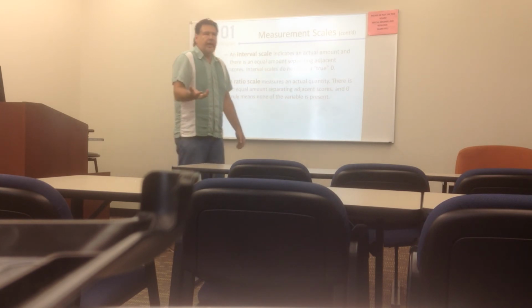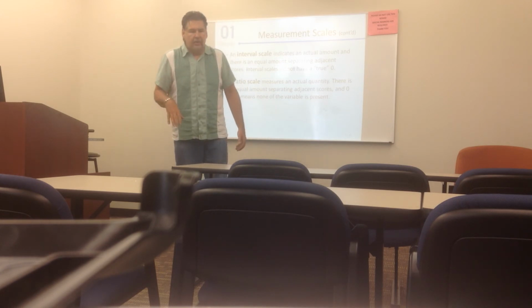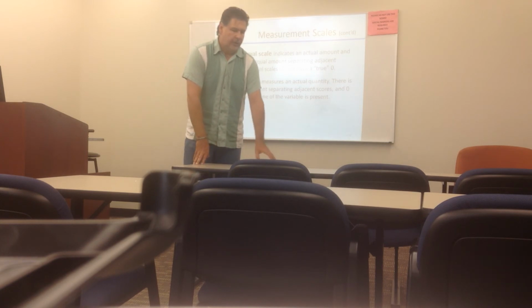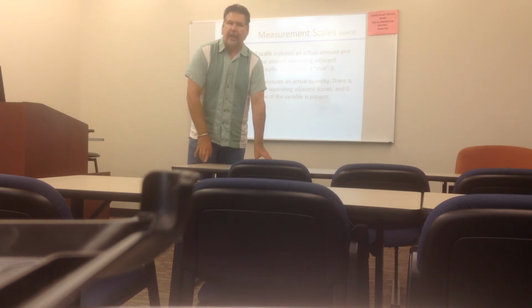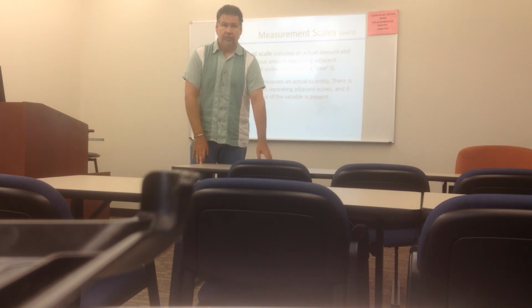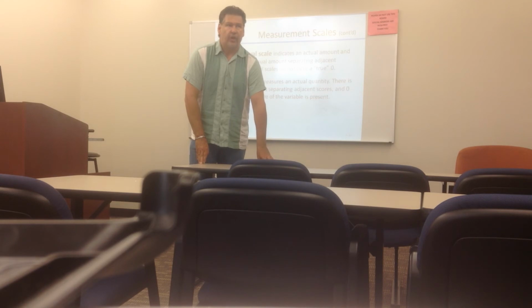A good example of this would be Fahrenheit temperature. I've got an equal amount of temperature between 0 and 10 degrees as I have between 100 and 110. The amount of temperature is equal. It's the same. But we don't have what's called a true zero.